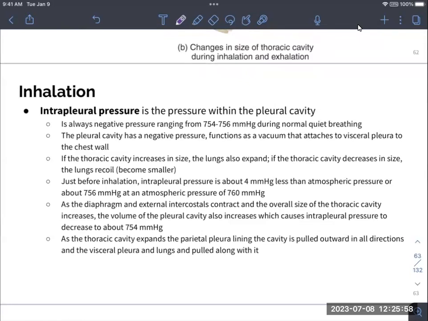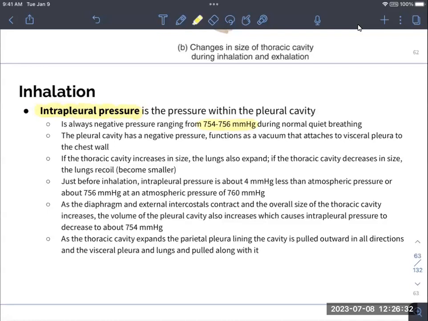When the pressures in the lungs change, the pressure in that intrapleural space also changes. That pleural cavity is between the membranes that surround the lungs. It's a negative pressure between 754 to 756 during normal breathing.